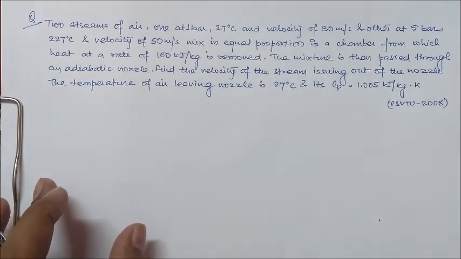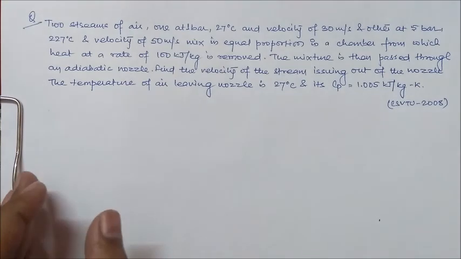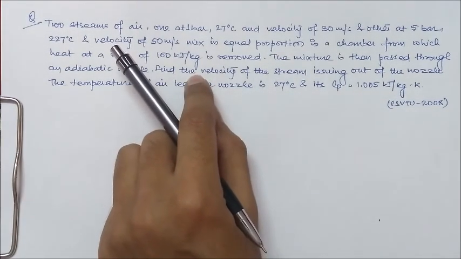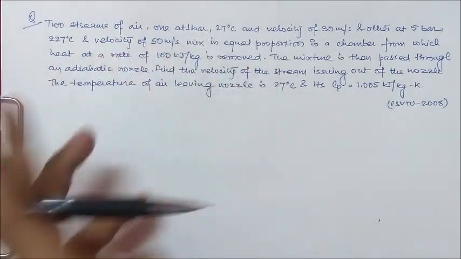Then that mixture of the streams is introduced into a nozzle, which is used to increase the velocity of the stream. So the question wants us to find out the velocity of the stream, right?